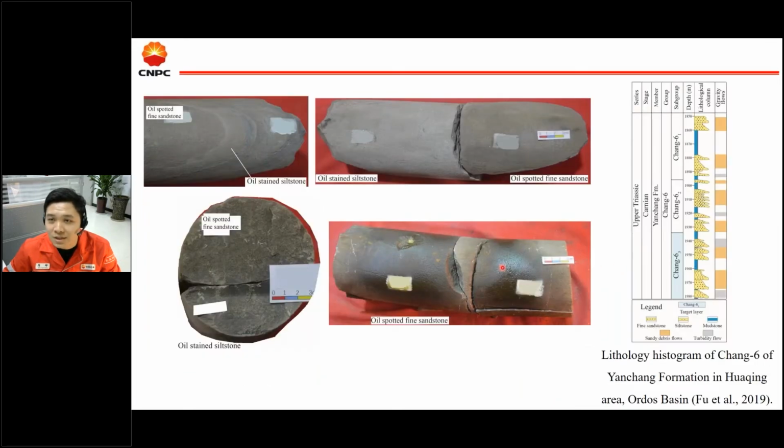The gravity sandstone extends into the semi-deep and deep lake and vertically connects with the Chang-7 source rock. Even the tight sandstone with poor physical properties becomes oil-rich due to the strong hydrocarbon injection.